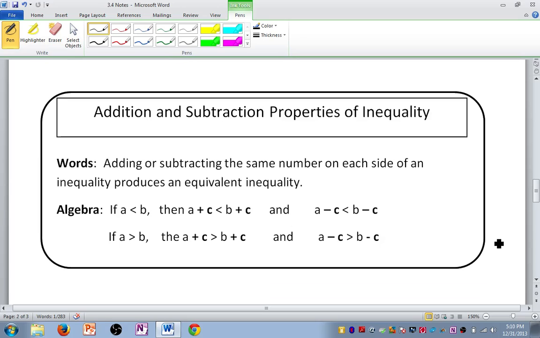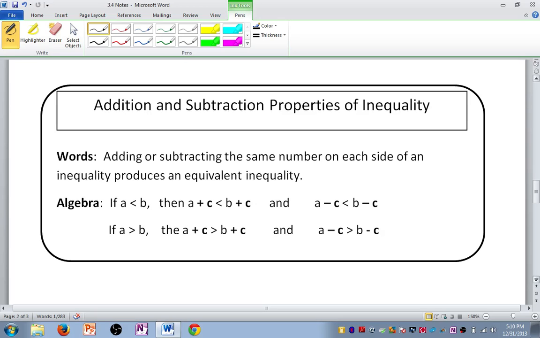In words, it says that adding or subtracting the same number on each side of an inequality produces an equivalent inequality. So in our first example, if I have A is less than B, if I add C to this side and I add C to that side, they're going to be equivalent.